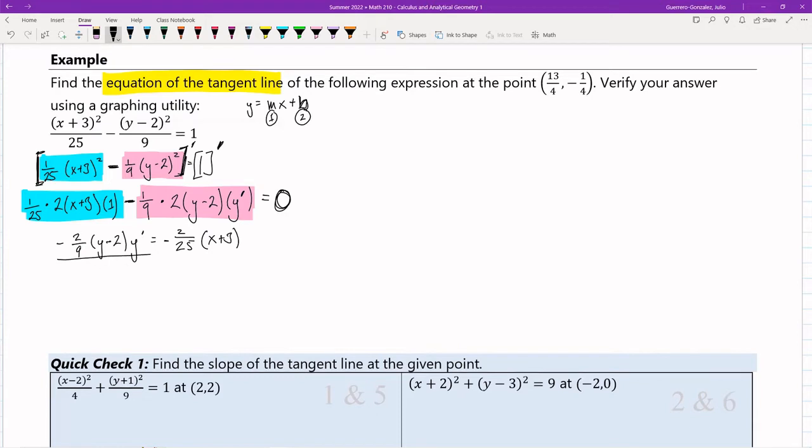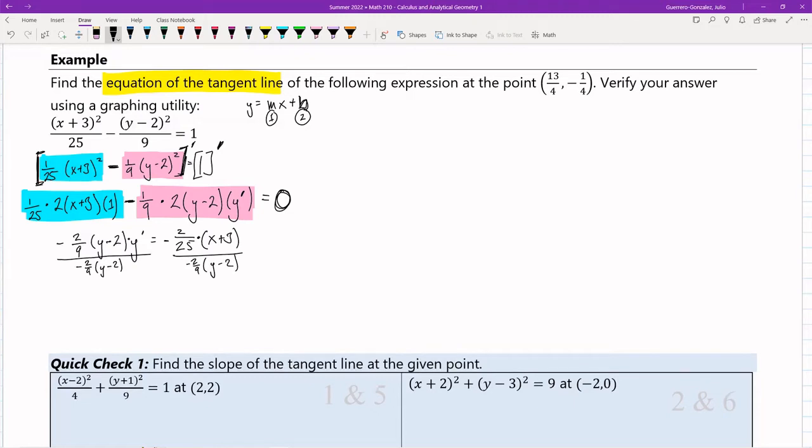Last big step. I notice that all of this is multiplied already. This is a multiplication too. So if I could just divide this away over here, I get y prime by itself. So, divided by minus 2 over 9 times (y minus 2), divided by negative 2 over 9 times (y minus 2).